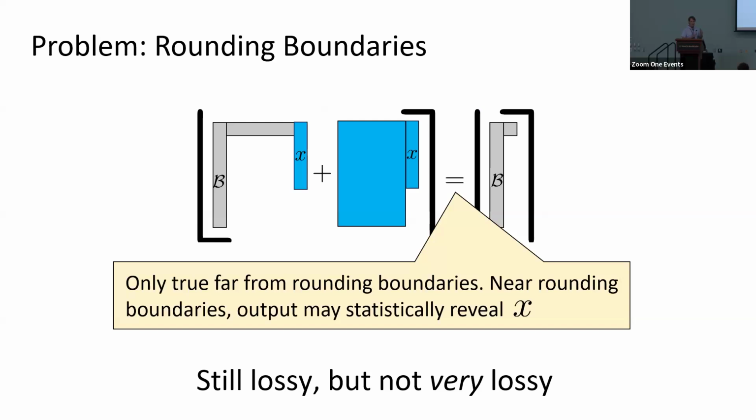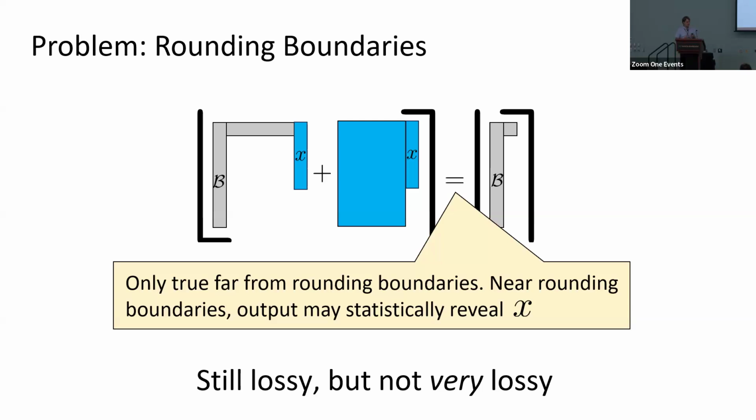Okay, the problem is that this sketch doesn't quite work as I've described. The reason is that if this term happens to be very close to one of your rounding boundaries, the error can actually move you over a rounding boundary. So for some inputs, this error term actually will affect the output.